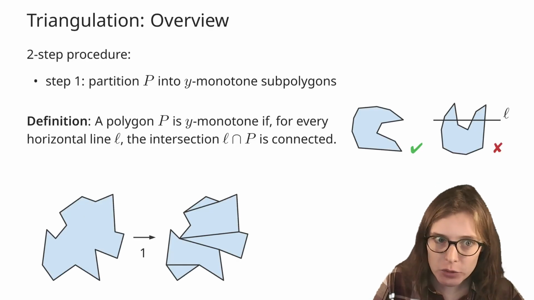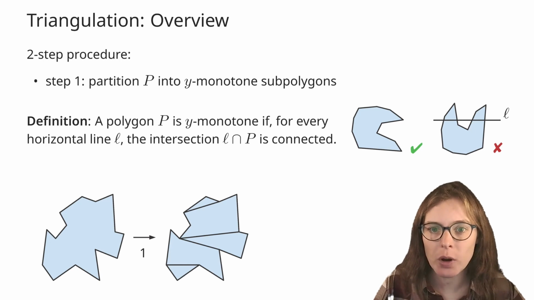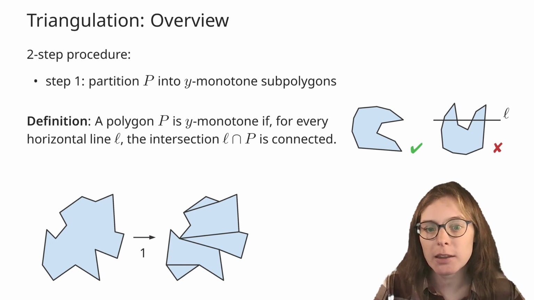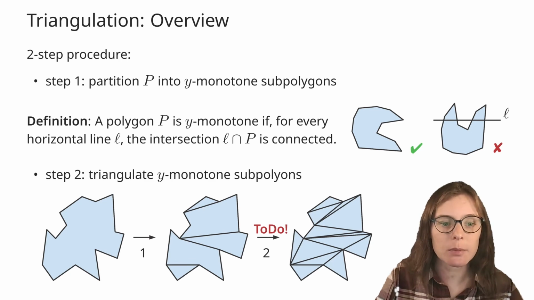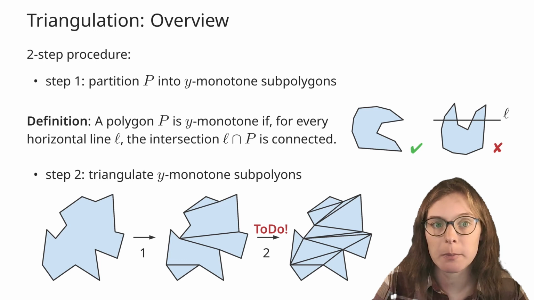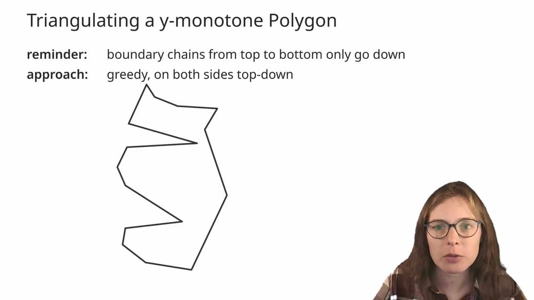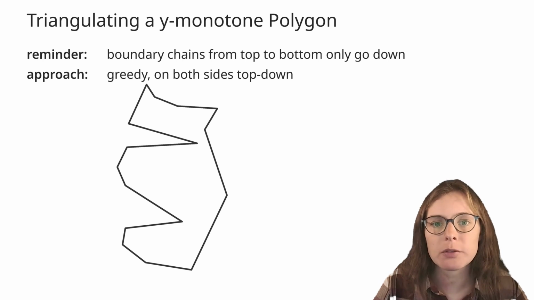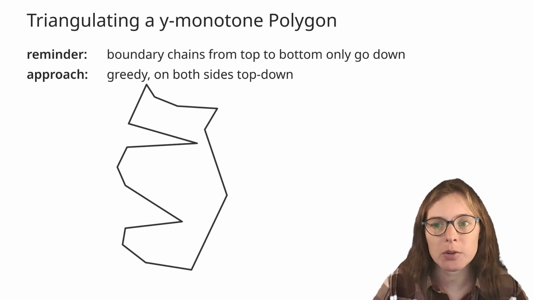Going back to our two-step procedure, step 1 was to partition a polygon into y-monotone subpolygons, and now we know how to do it. So now let's see how to implement step 2, which is triangulate each y-monotone subpolygon. Recall our observation that a boundary of a y-monotone polygon can be split by the topmost and the bottommost vertex into two monotone chains going from top to bottom.